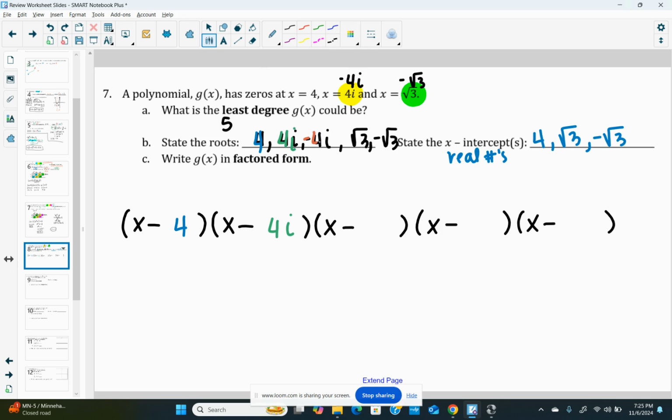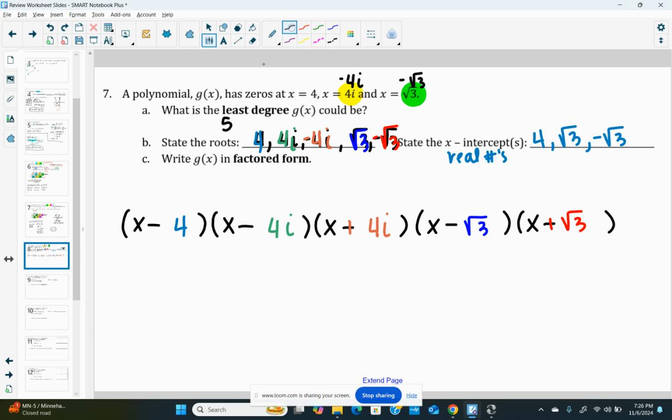Then for -4i, it's x minus -4i, so it turns to plus 4i. Then for square root 3, it's just x minus square root 3. And for negative square root 3, it's x minus negative square root 3, so it turns to x plus square root 3. So then those are your 5 factors.